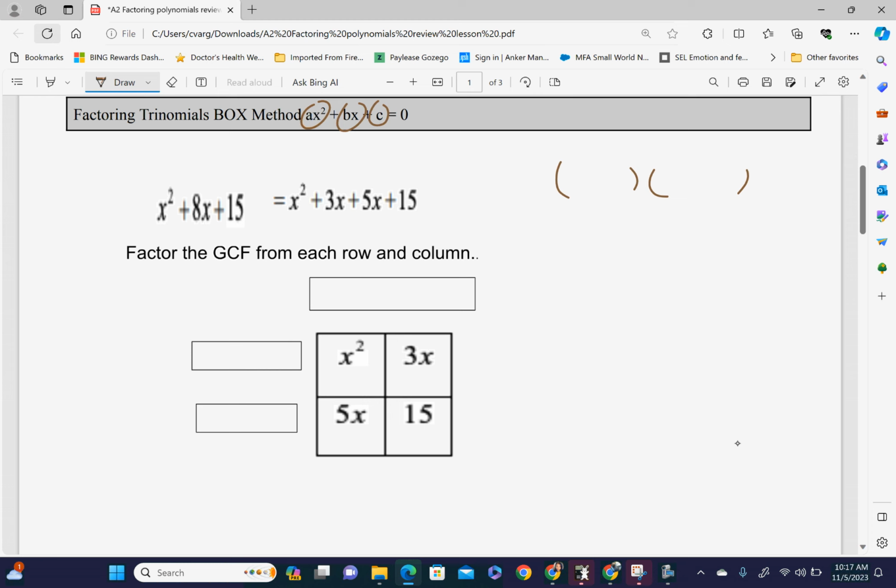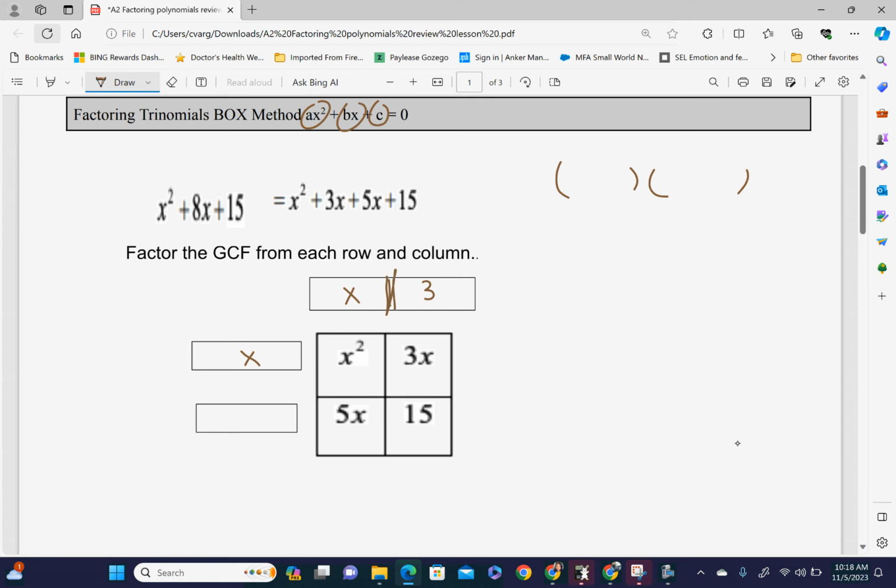Okay. You can think of this as reverse box method. If I have x squared and a 3x here, I have to figure out what goes in the top. To get x squared, I know that x times x is x squared. Then x times something that gives me 3x, that number is going to be 3, because 3 times x is equal to 3x, okay?